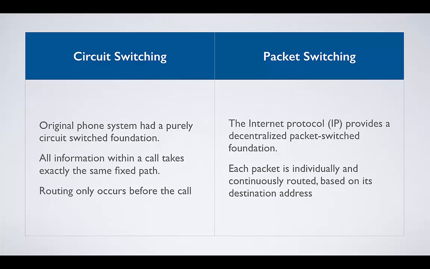This is important because some of the packets might arrive out of sequence, and they have to be reordered at their destination. And the reason that packets can arrive out of sequence is because the route that each packet takes is not predetermined, as it is in a circuit switch network. The route is determined as the packet is moving from router to router.